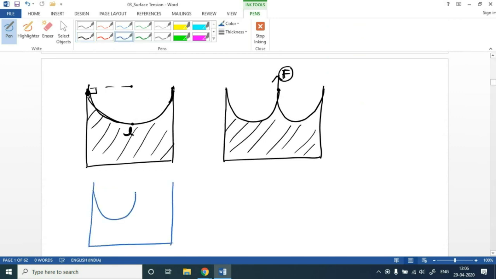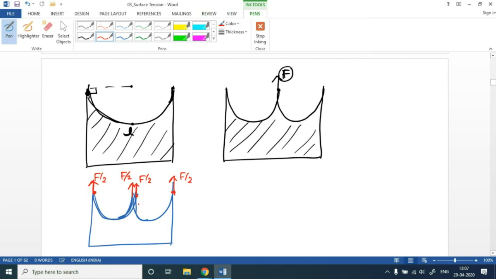So we have two semicircles. Only this part if we consider, and if we look at the symmetry, we can clearly see total force is F by 2. So F by 2 and F by 2 would be the tension at this point in each of these threads, if we divide it in two parts, and due to symmetry this would be F by 2 and this would be F by 2 as well.